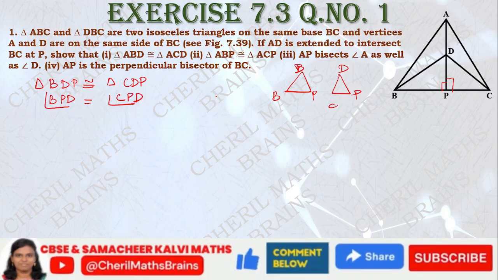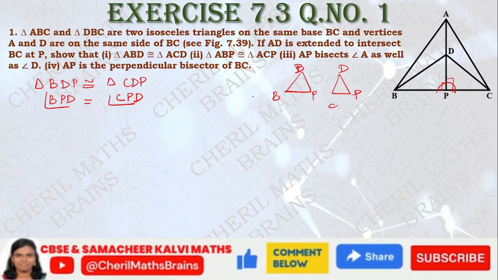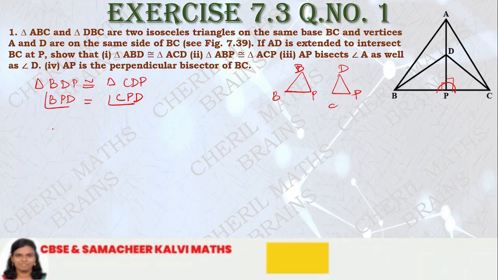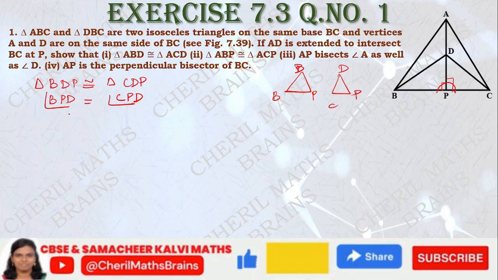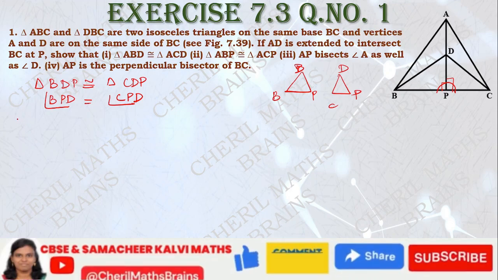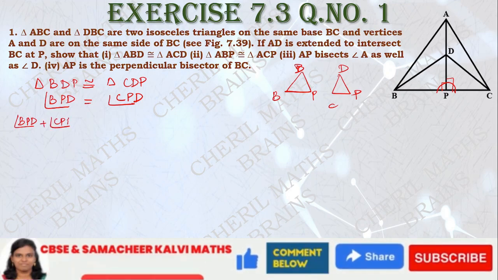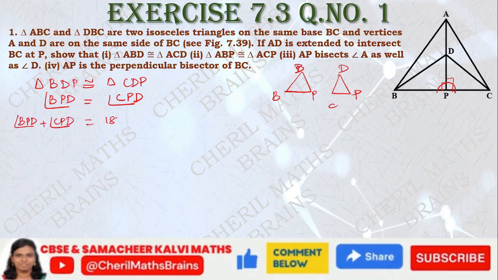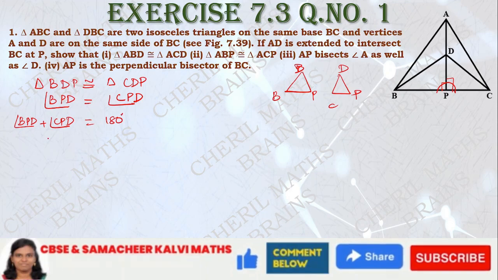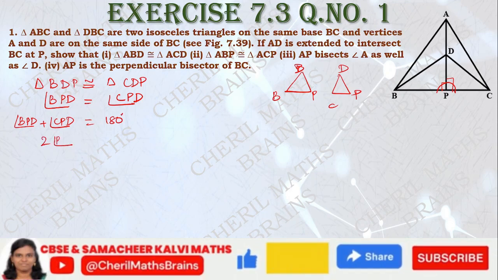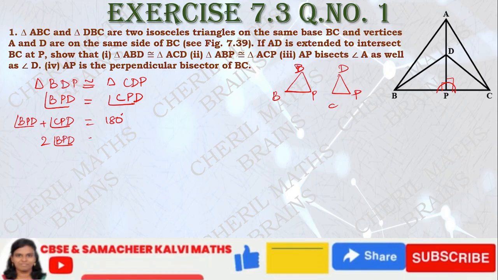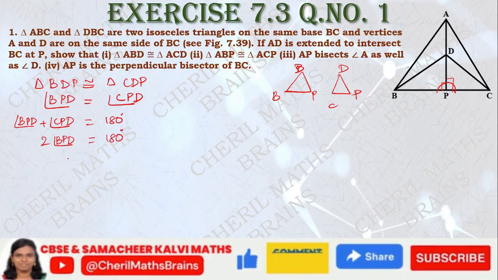And we also know that these two angles are a pair of linear angles. The sum of the linear pair of angles is going to be 180 degrees. So we know angle BPD plus angle CPD is equal to 180 degrees. Since these two are equal, I can write it as twice angle BPD is equal to 180 degrees.